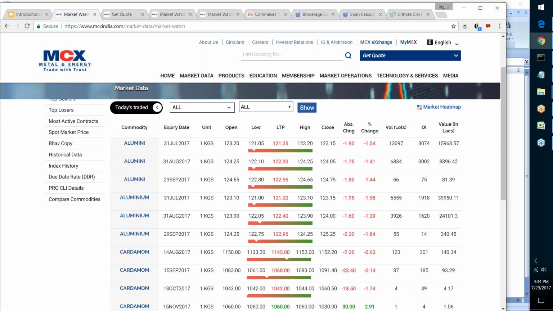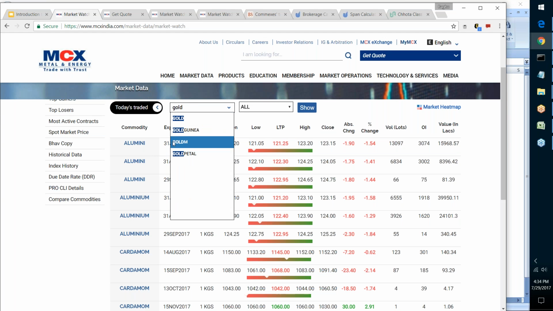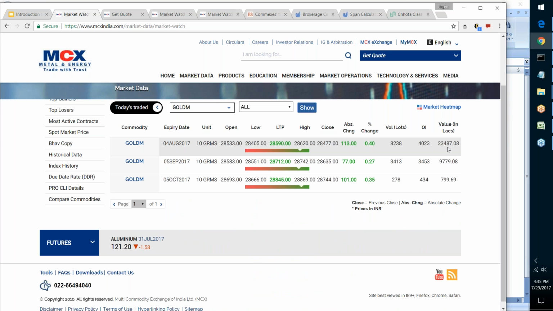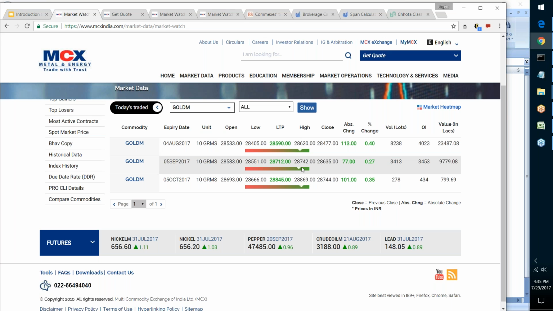If I pull up gold mini over here, it's done 234 crores, which is okay, it's not great. Now you might get a decent spread, maybe, but if you can trade gold, I would trade gold.